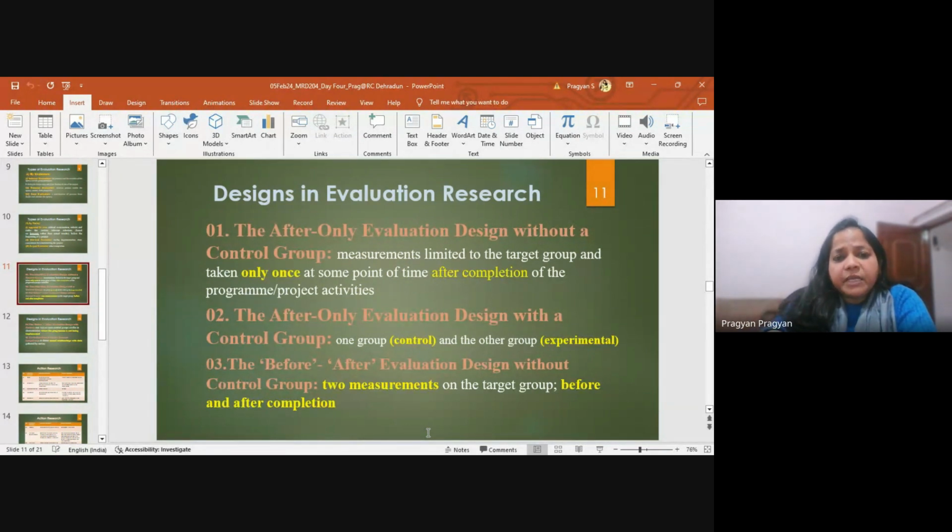All five designs that we have discussed here are basically aimed at evaluation of the outcome, the service, the supply side of development programs, which is never the case with that research design.